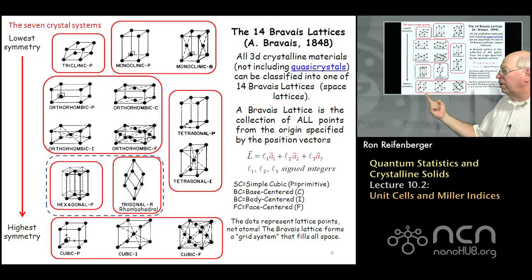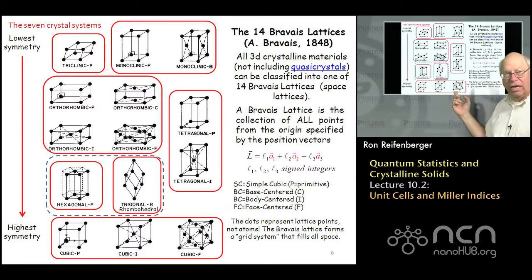The highest symmetry crystal system involves the cubic lattice. The cubic lattice can either be primitive, in which there's 1 atom at the corner of each vertex of the unit cell. It could be a body-centered cubic. So this is an example of the body-centered lattice type, where there's an atom in the middle of the cube and 8 atoms located on the corners.